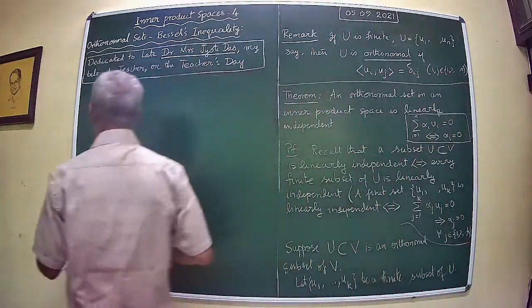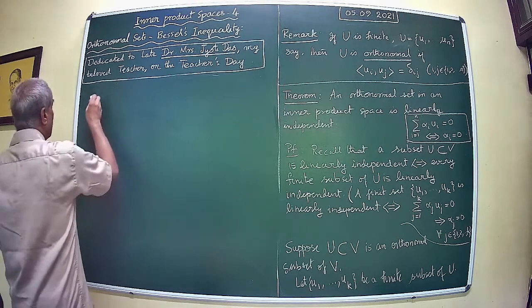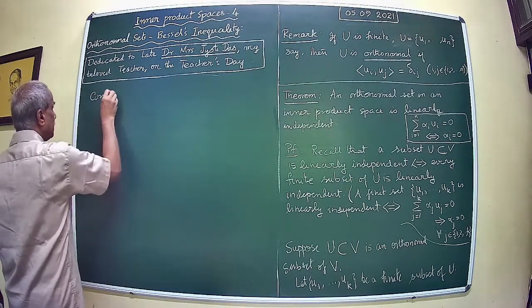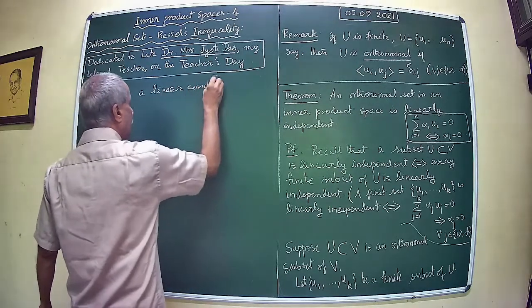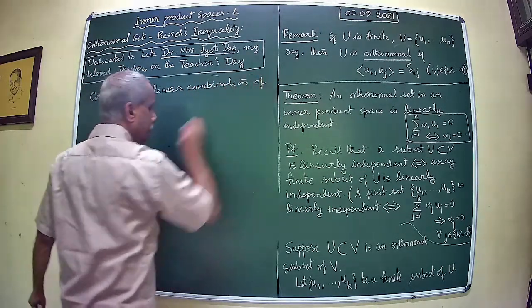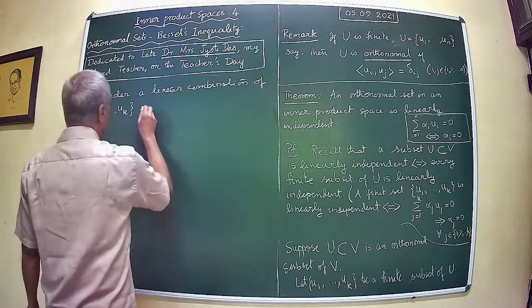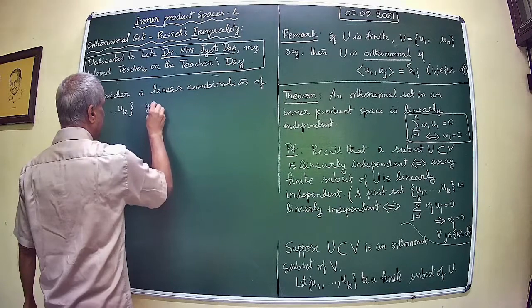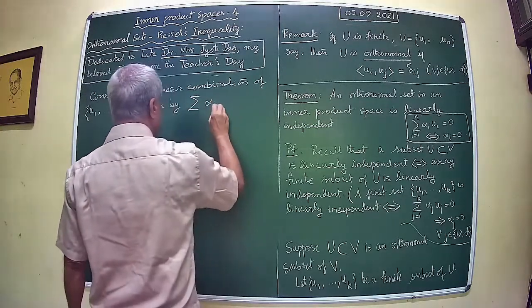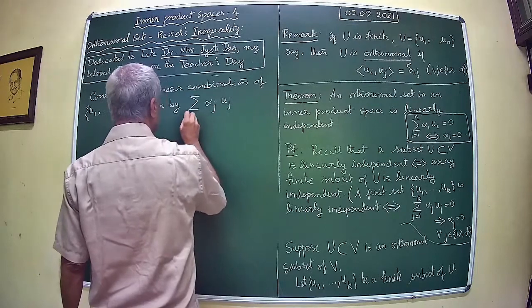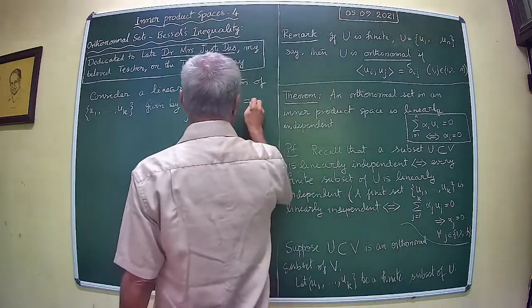So how to prove this? Consider a linear combination given by the sum of alpha_j u_j, say call this u.